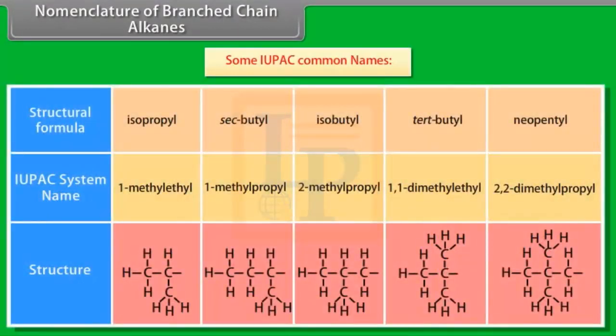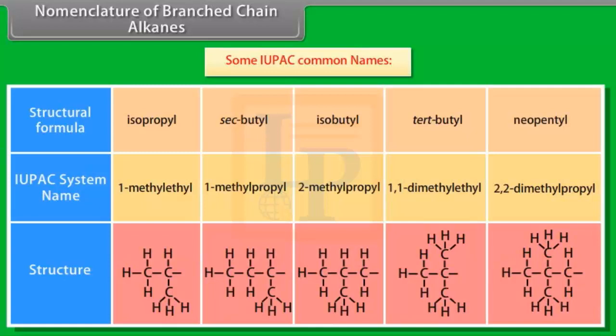Some IUPAC common names are: common name is isopropyl, its IUPAC name is 1-methyl ethyl and its structure is this. Common name is sec-butyl, its IUPAC name is 1-methyl propyl and its structure is this.